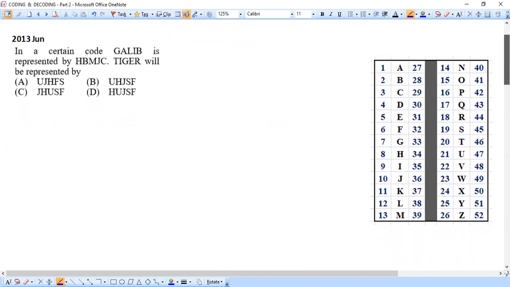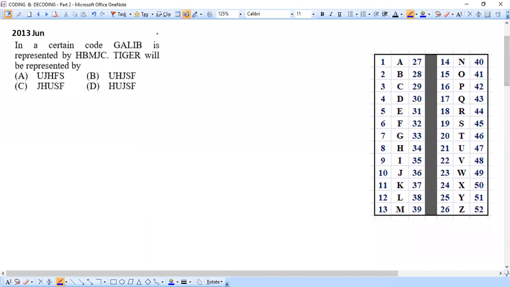Question number 1 we have from the year 2013 June month. We see the question. It's given that in a certain code the word GALIB is coded as HBMJC.